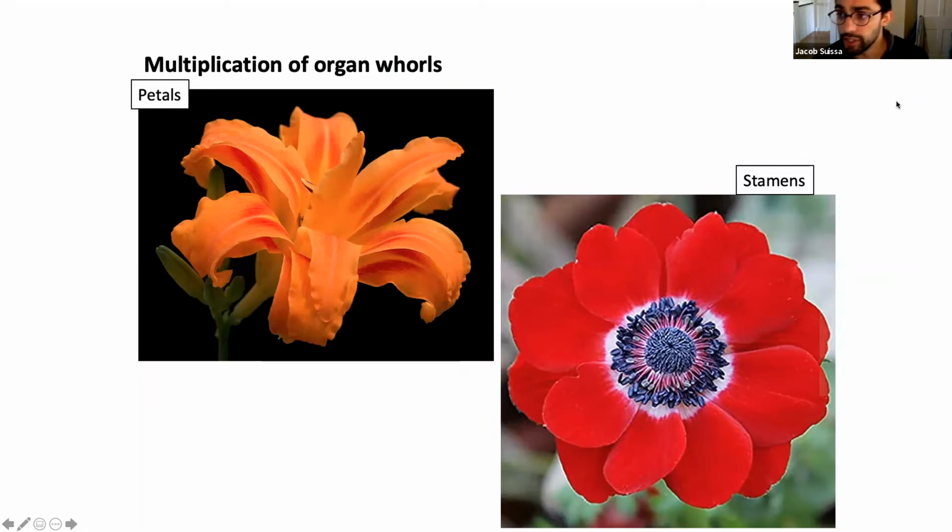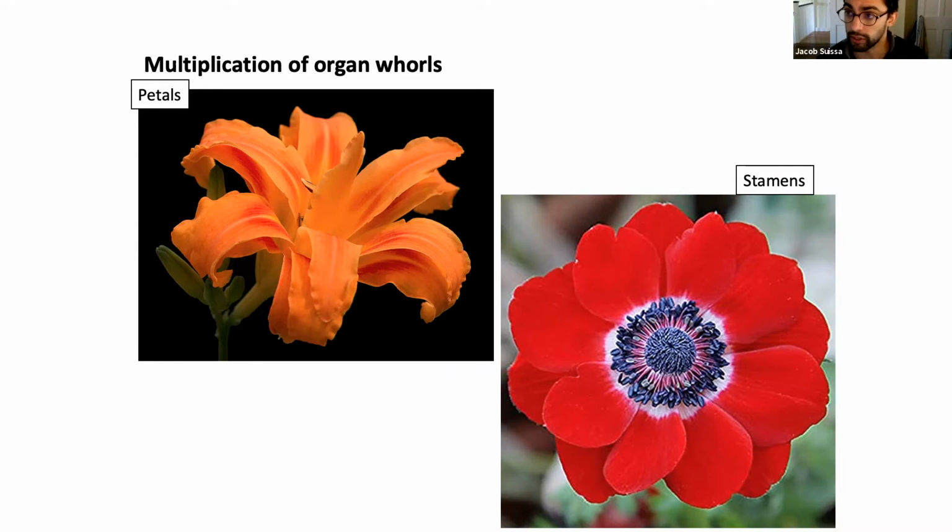So in addition to fusion, we can also have the multiplication of organs. This is frequently seen in horticultural varieties or in cut flowers, like in roses.